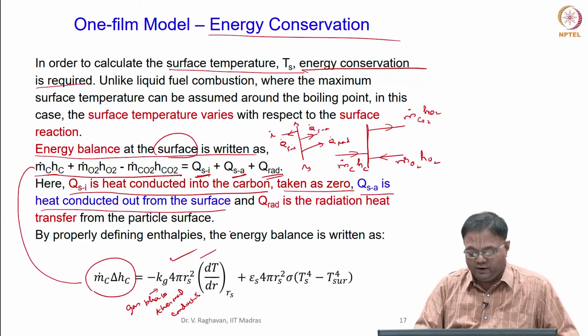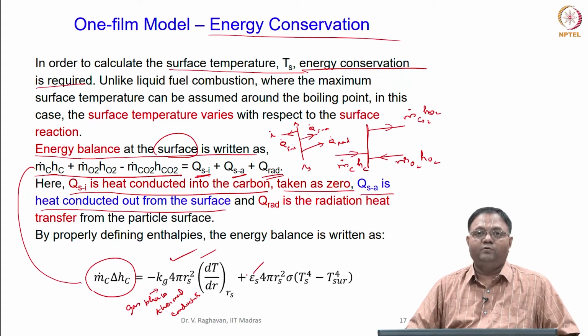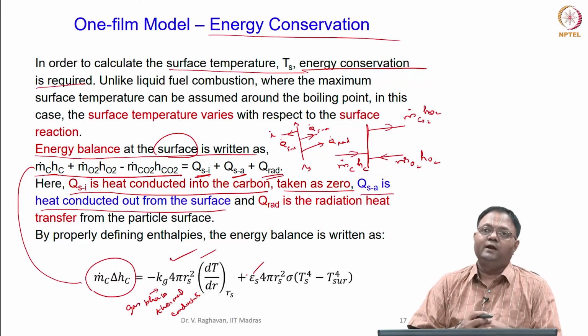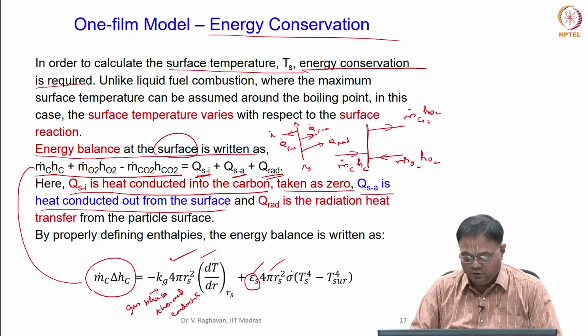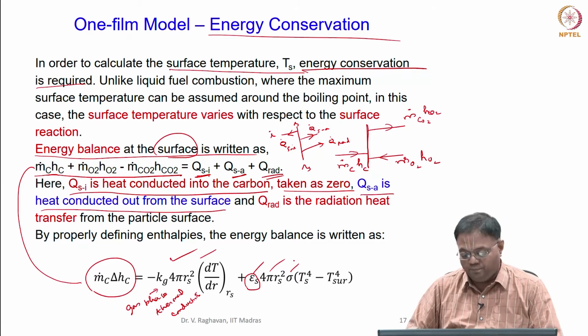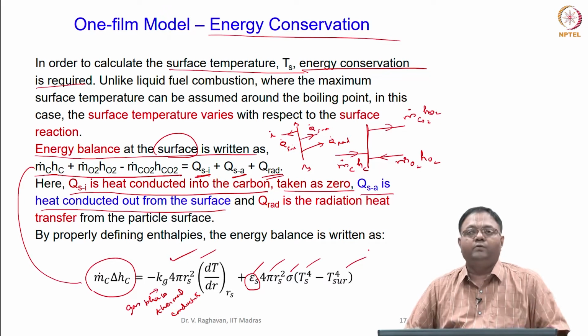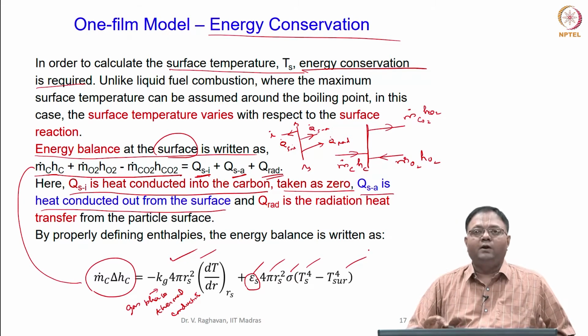Now radiative heat transfer, grey body. The carbon surface is assumed to be a grey body, so constant emissivity for the surface, into the area of the surface, Stefan Boltzmann constant sigma, Ts power 4 minus T surrounding power 4. So this is the bulk radiative heat transfer.